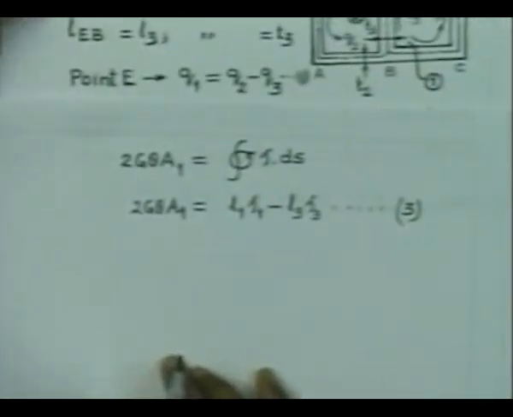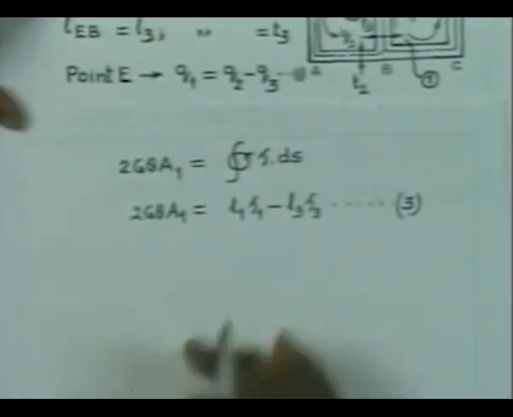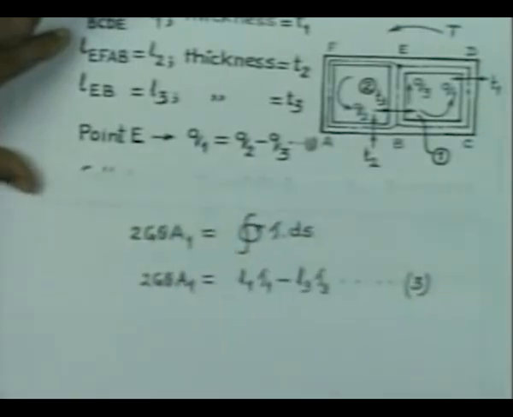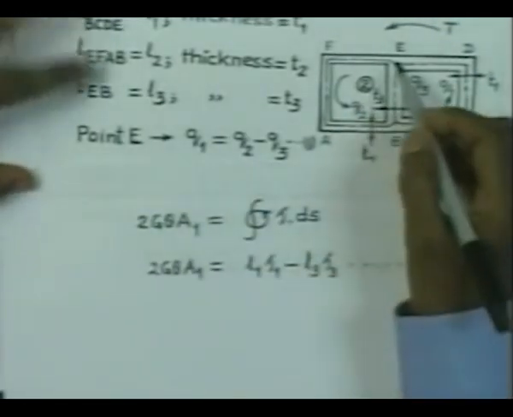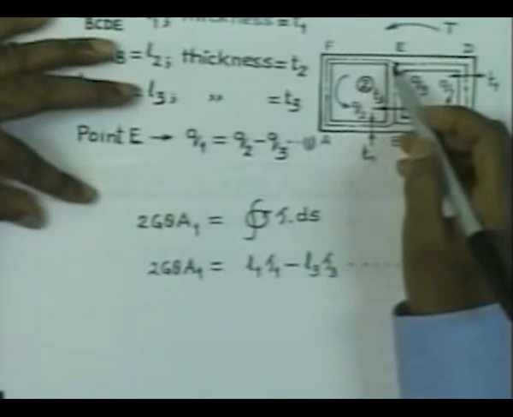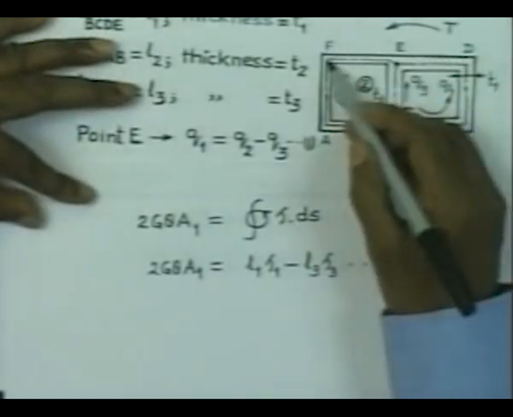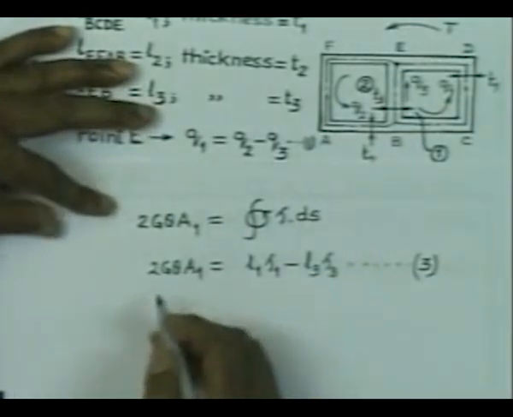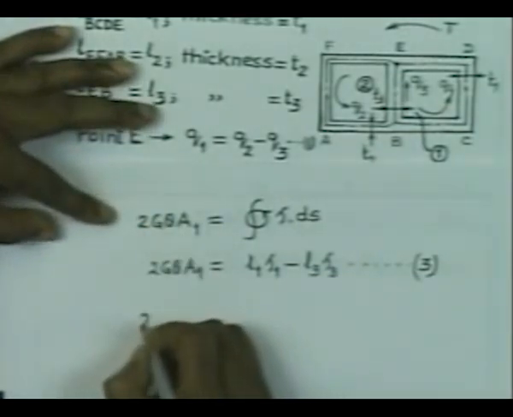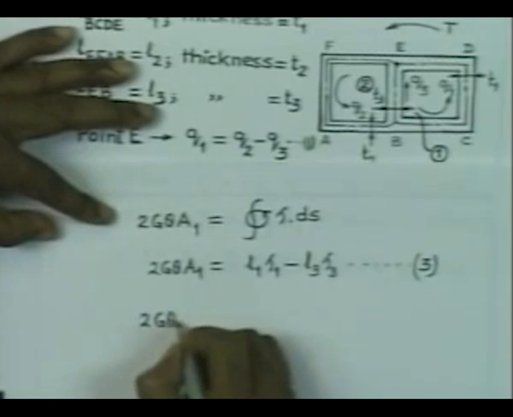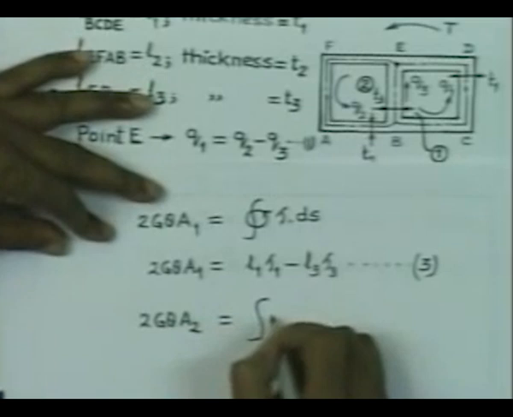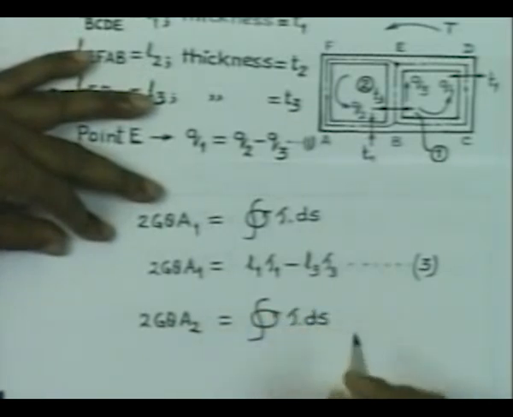We would like to continue the consideration, and now we will extend it to cell number 2. If we consider cell number 2 starting from E to F, then A to B, then B to E, again we can write for this cell twice G theta into A2 is equal to the integration of this quantity tau into ds.